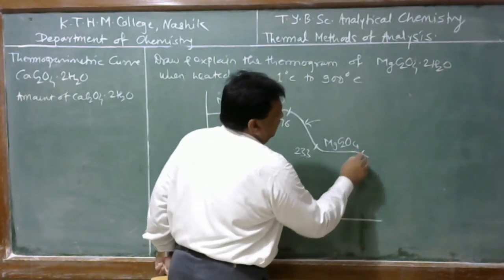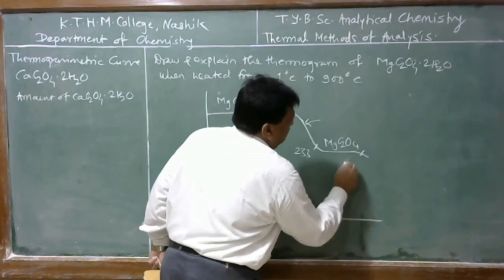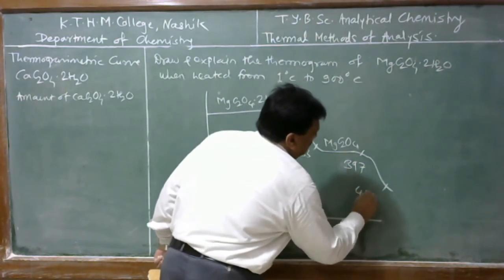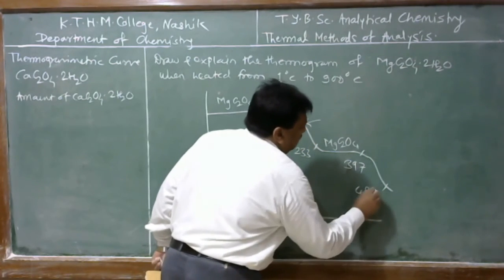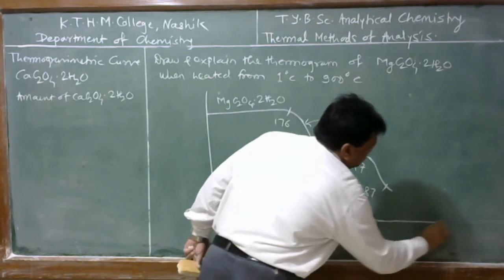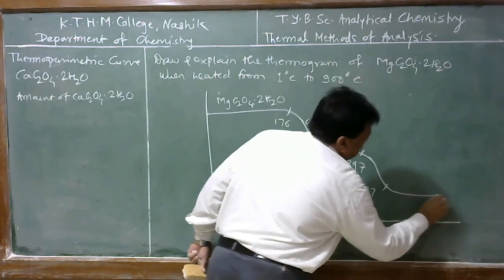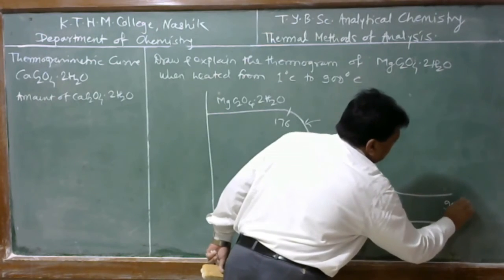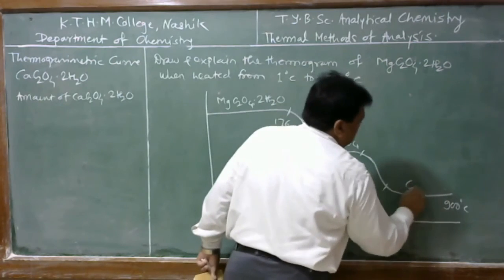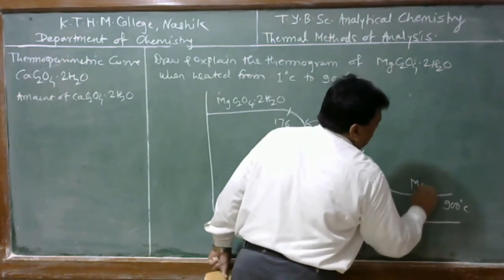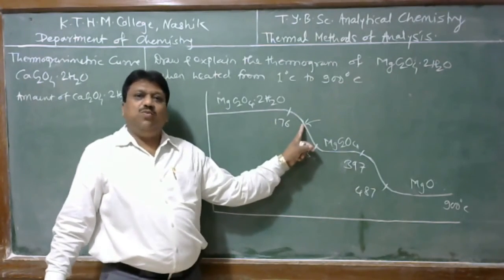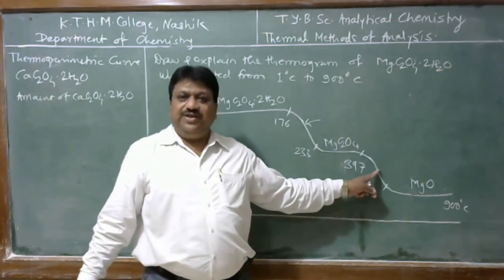When temperature reaches 397 degrees and up to 487 degrees, there is complete loss in weight, and after that when we heat this compound up to 900 degrees centigrade, then we have only magnesium oxide. That means this is the first stage of decomposition and this is the second stage of decomposition.